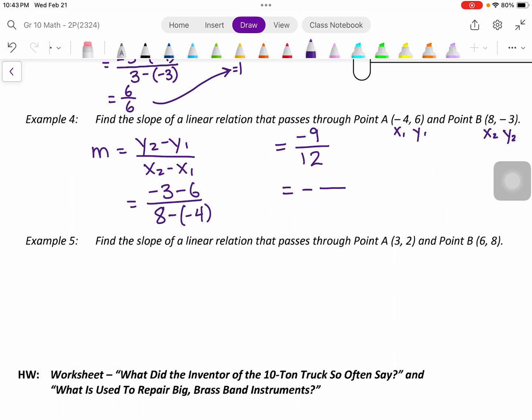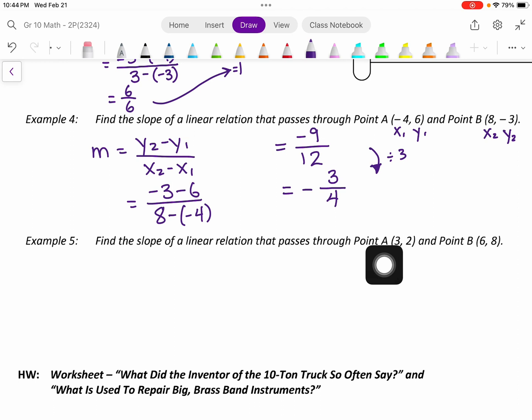Now, 9 and 12 are both divisible by 3, so I'm going to actually reduce this to lowest terms. I'm going to divide both of these by 3. So 9 divided by 3 is 3. 12 divided by 3 is 4. So my slope between these 2 points is equal to negative 3 over 4. All right, let's look at the next question.